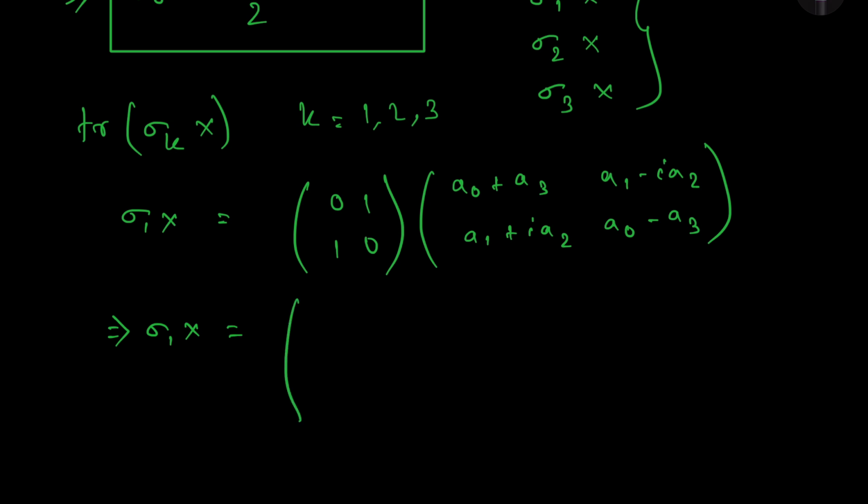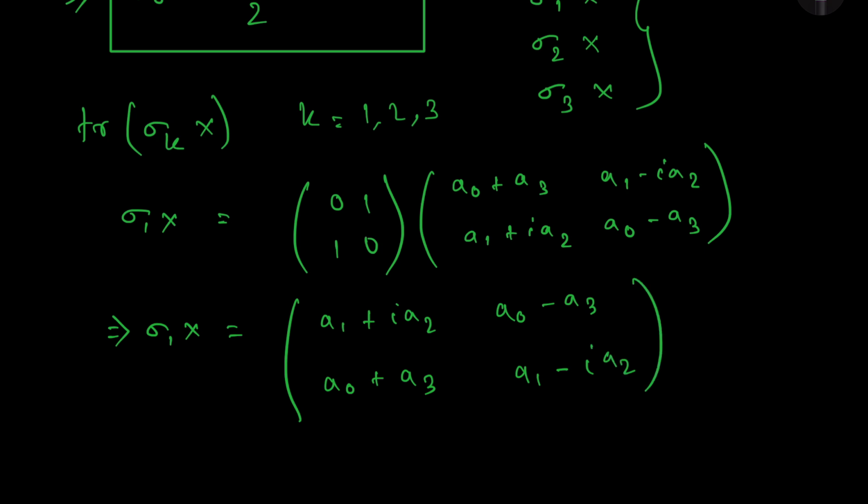We get a1 plus ia2, and then here we have a0 minus a3, then we have a0 plus a3, and then we have a1 minus ia2.